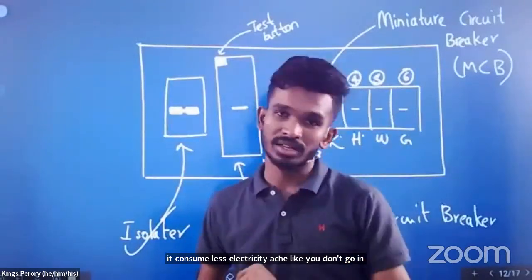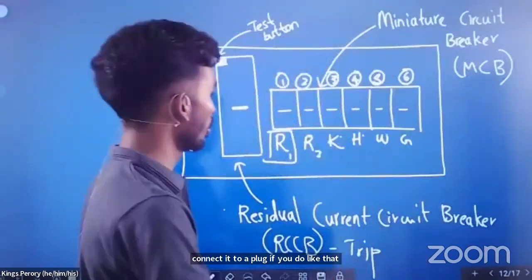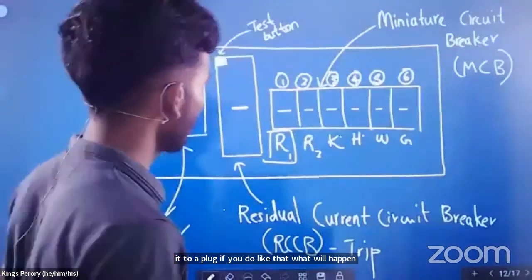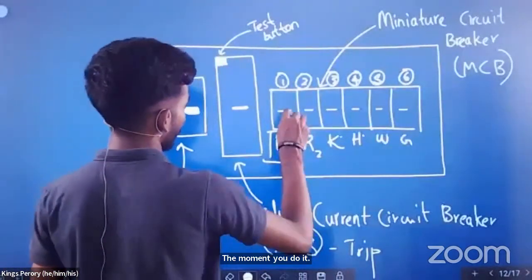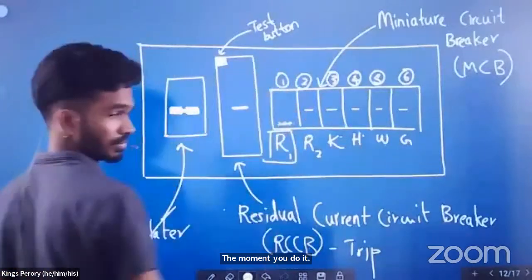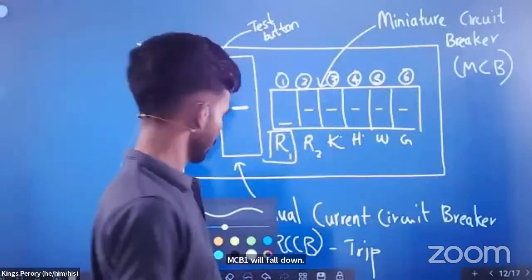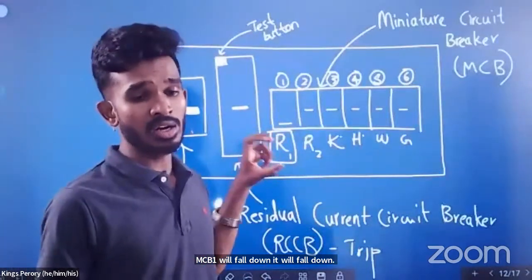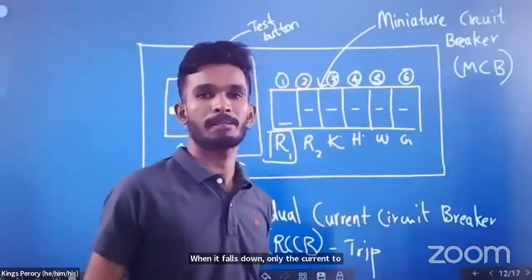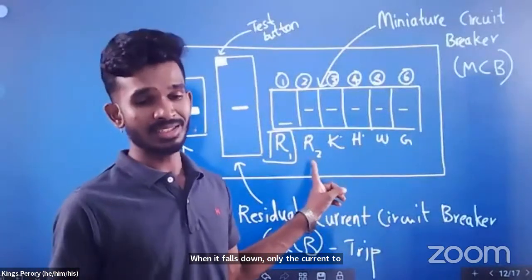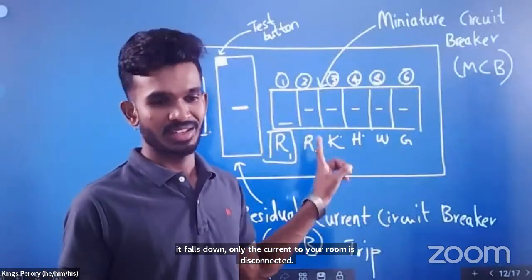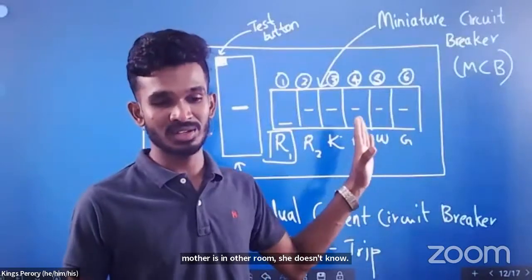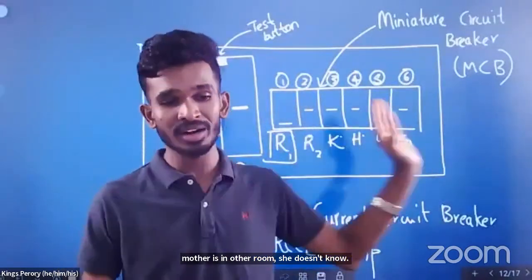If you do like that, what will happen? The moment you do it, MCB1 will fall down. When it falls down, only the current to your room is disconnected. Mother is in another room, she doesn't know. Kitchen doesn't know, hall doesn't know, washroom doesn't know, garden doesn't know. Their current is there.